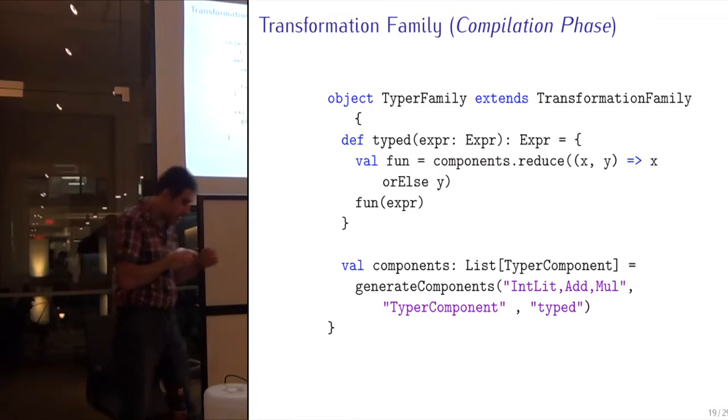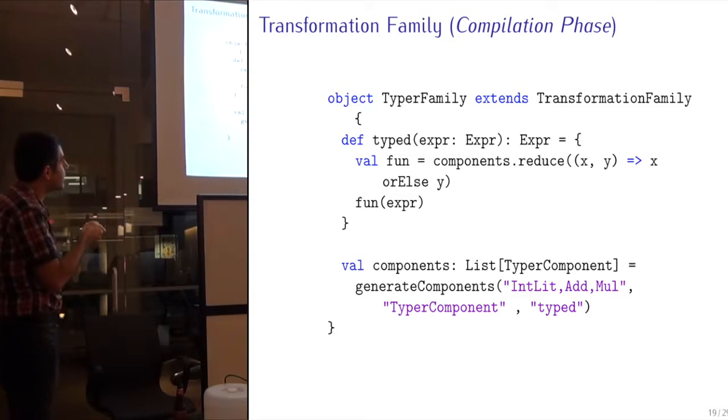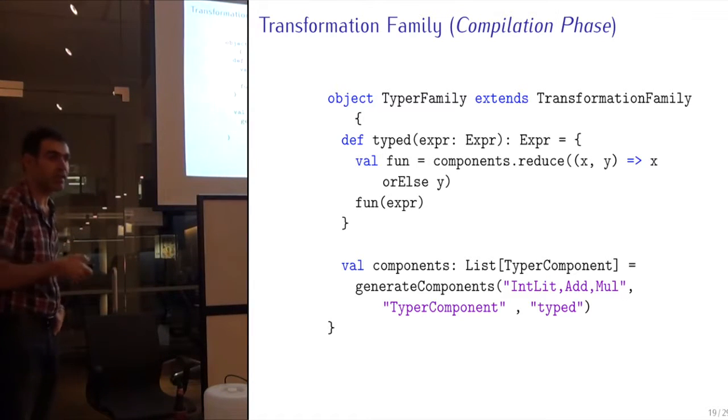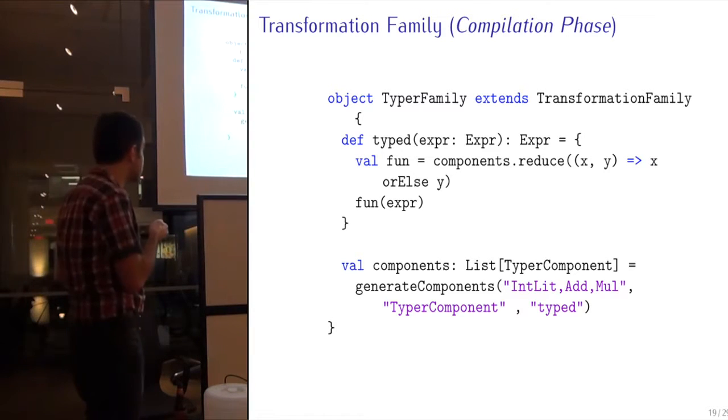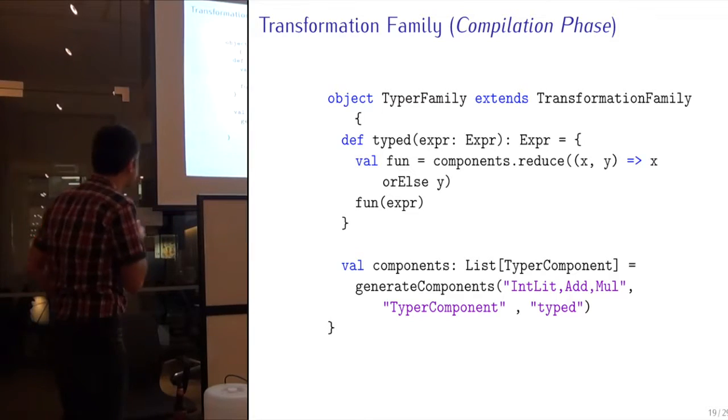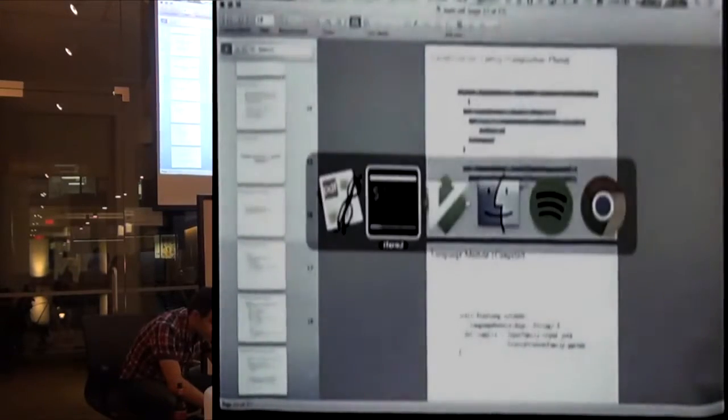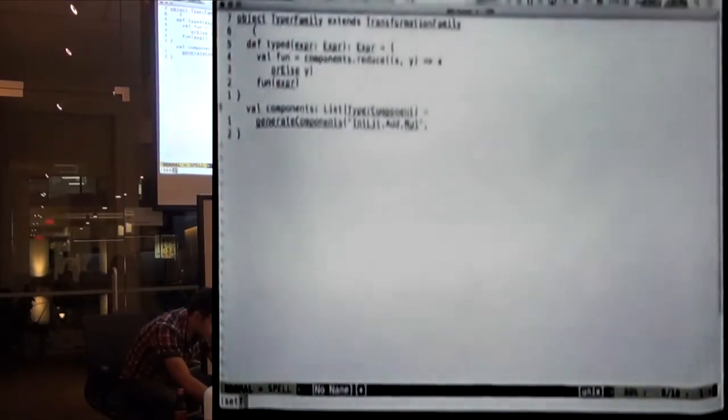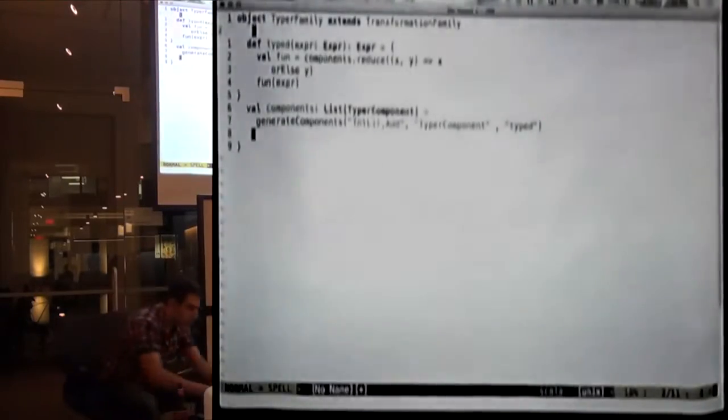So, as I said, this is a type checking for three nodes, right? 3 types, 3 AST nodes. And if I want to have type checking for only multiplication and addition, then I just say, okay, don't include this, and I will have it.